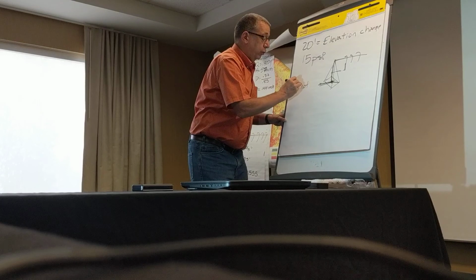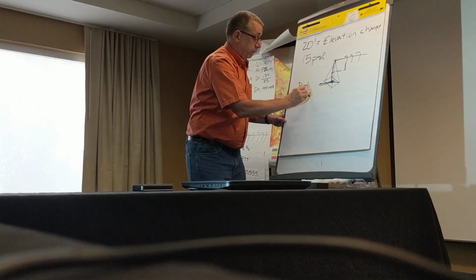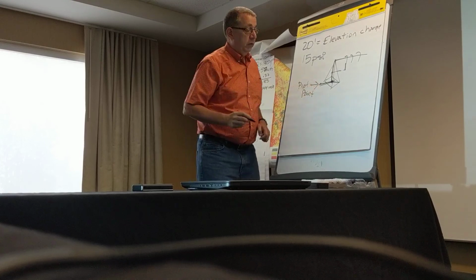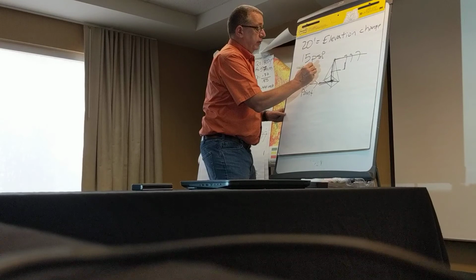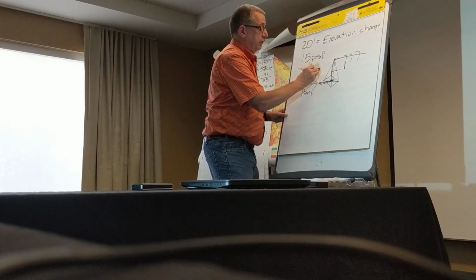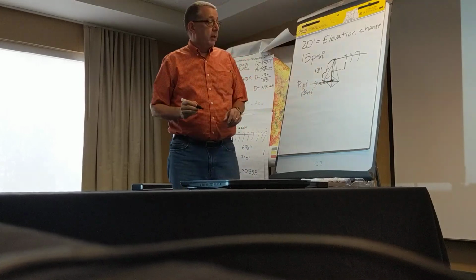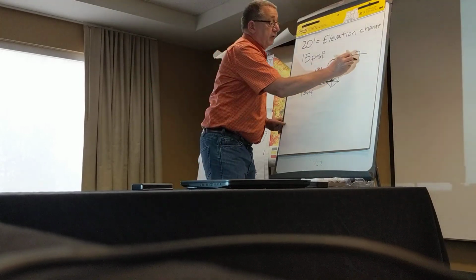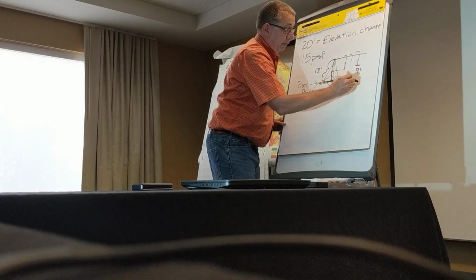Just so that we're all working from the same datum, pivot point. Okay, that's the ground elevation where that is. Let's just make it, well, we'll make it 13 feet. Okay, our height of our pivot is 13 feet. All right. And your nozzle is 9 feet above the ground. So that last nozzle is 9 feet above the ground.